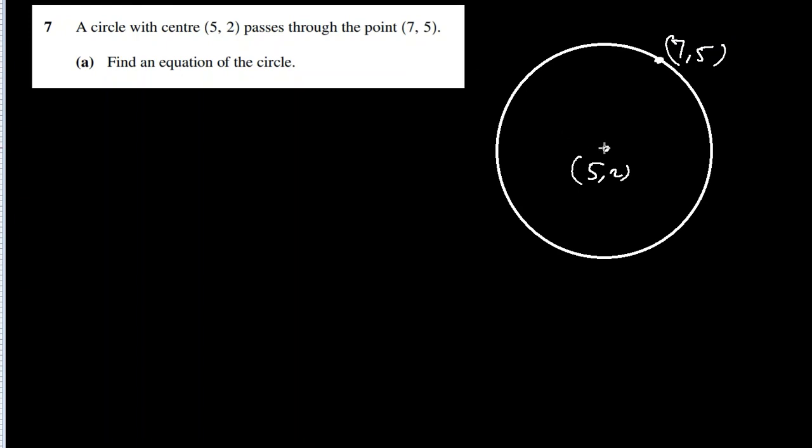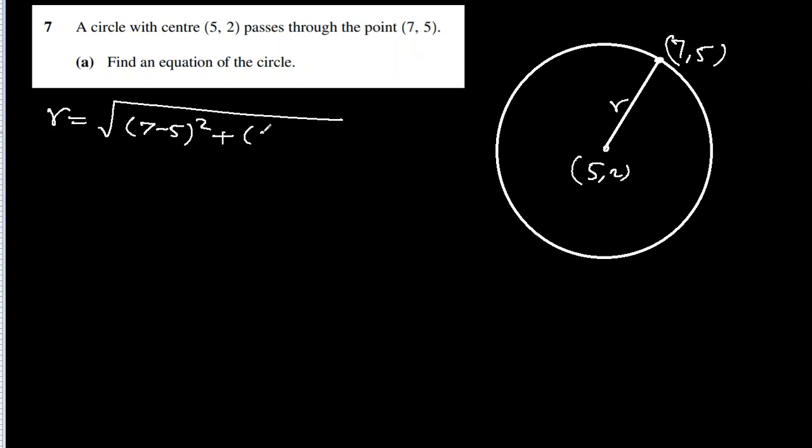The best start would be to find the radius first. The radius will be the distance between the two points given. So radius equals square root, by using the distance formula, of (7 minus 5) squared plus (5 minus 2) squared. 7 minus 5 is 2, 2 squared is 4, 5 minus 2 is 3, 3 squared is 9.